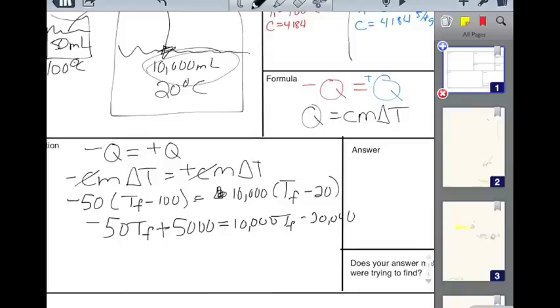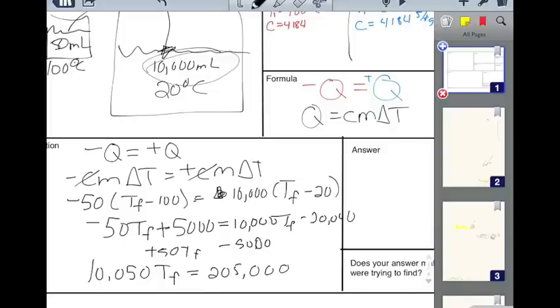Now you combine like terms. I'm going to add 50 TF to both sides, and I'm going to subtract 5,000 from both sides. When I do that, what I'm left with is 10,050 TF equals 205,000, and now I can divide both sides by 10,050.